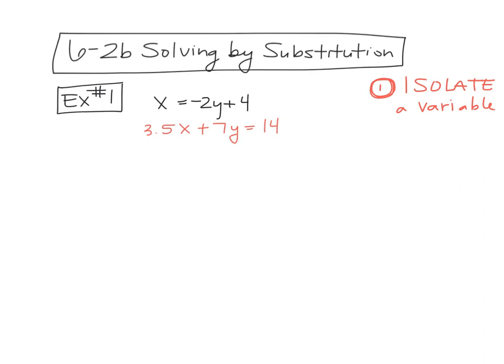So let's look at this problem. Is there a variable that needs to be isolated, or has it already been isolated? X is isolated. So step 1 is done. You don't have to do anything because x is already by itself. Okay? Step 2 is once you isolate, you're going to plug that value in for the variable.